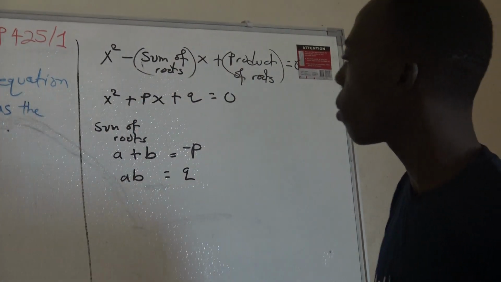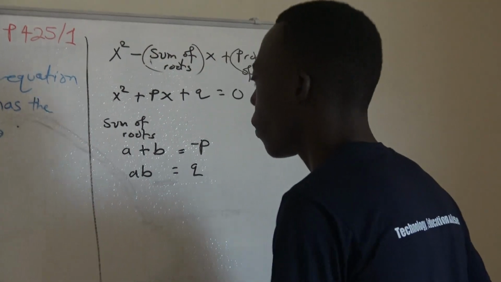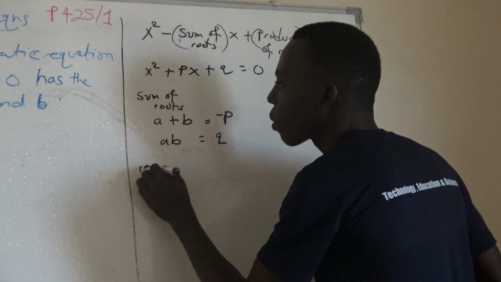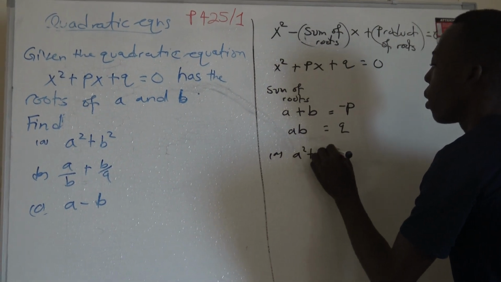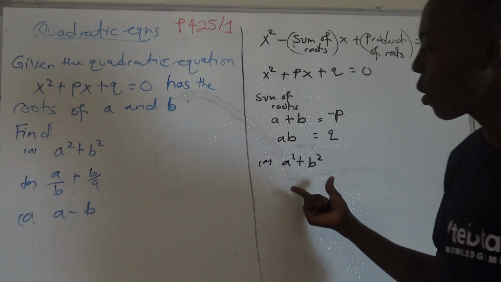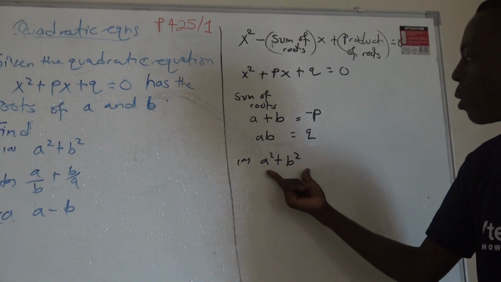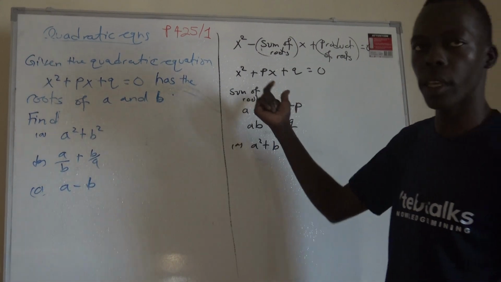So after getting the sum and the product, we have now to go to the equations. The first question they are saying is a squared plus b squared. So they want you to evaluate it in terms of p and q.